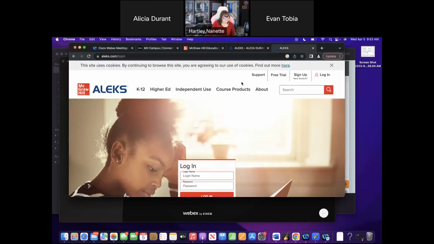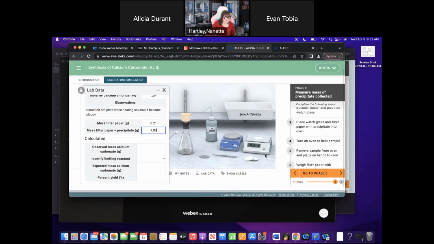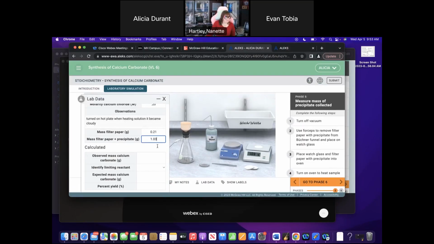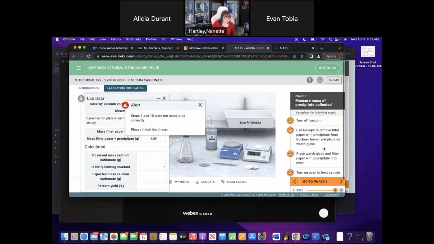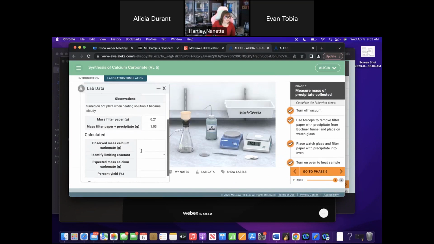It will be in Chrome. Which tab is it? Is it this one? Yes. Okay, so I got 1.03 again. So it needs 9 and 10.